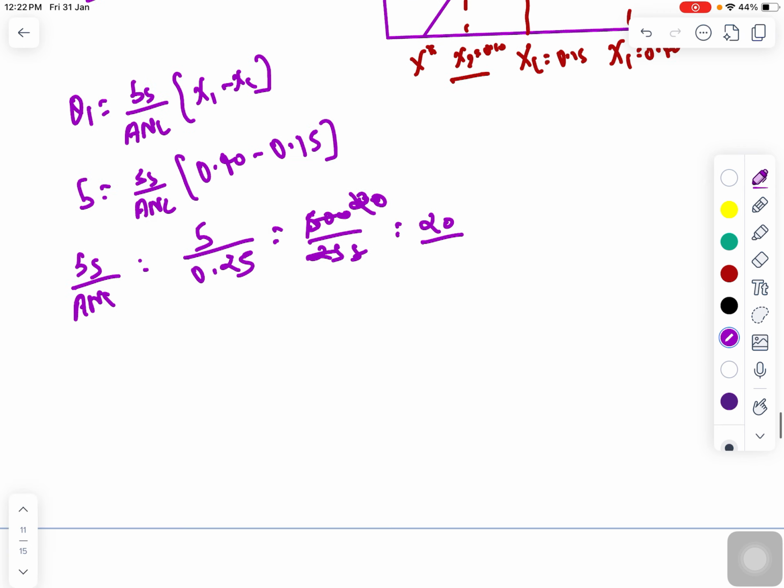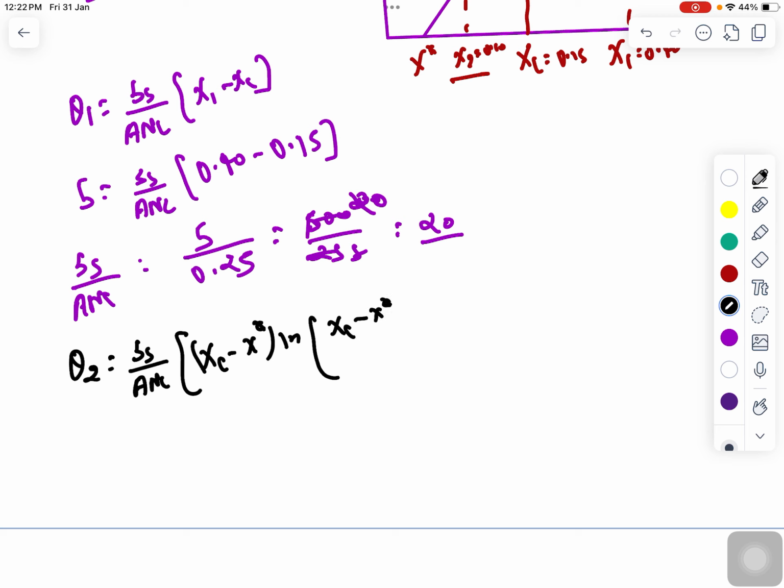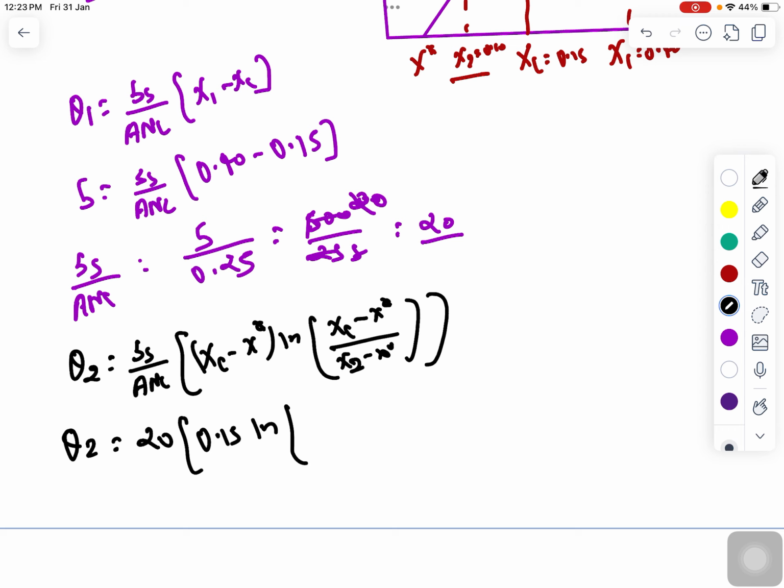Right, now when it comes to the falling rate period, the formula for theta 2 is Ss divided by A Nc, which we have already calculated, and obviously Xc minus X star times ln of (Xc minus X star) divided by (X2 minus X star). So theta 2 will be 20 times Xc, which is 0.15, X star is 0, multiplied with ln of 0.15 divided by X2, which is 0.10.